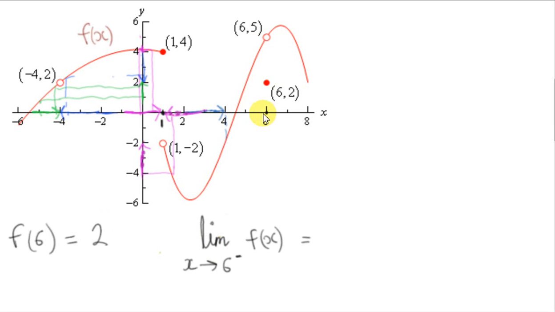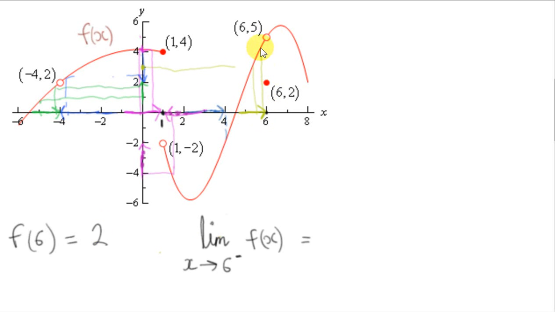Let's consider the limit as x approaches 6 from the left of f of x. So we're approaching 6 from the left but never reaching 6. So what's the story here? Well, if we consider these values that are around here, f of those values are values over here.